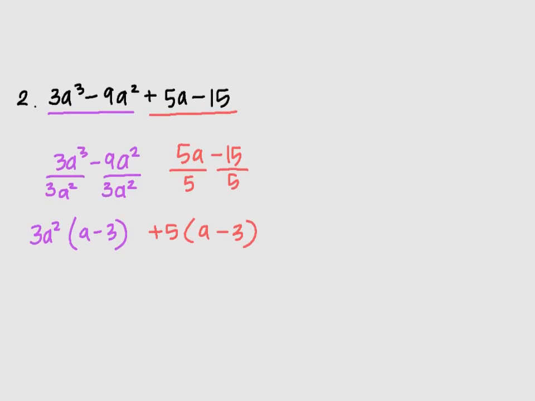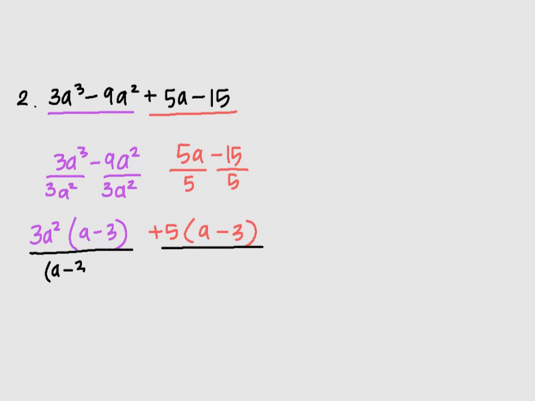So now what I see is, by factoring by grouping, the first 2 terms had an a minus 3 as a factor. The second 2 terms had an a minus 3 as a factor. So what I can do is factor out an a minus 3 from both of those terms.